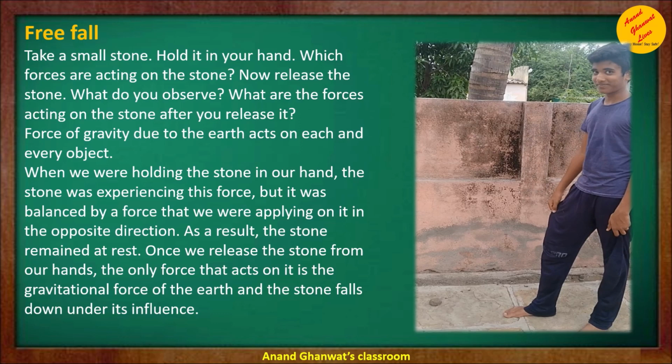As a result, the stone remains at rest. Once you release the stone from your hand, the only force that acts on it is the gravitational force, and that's why the stone falls downwards. When only gravitational force acts on the object, the object falls vertically downwards, and that is called free fall.